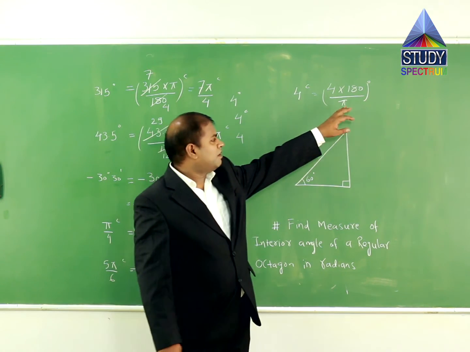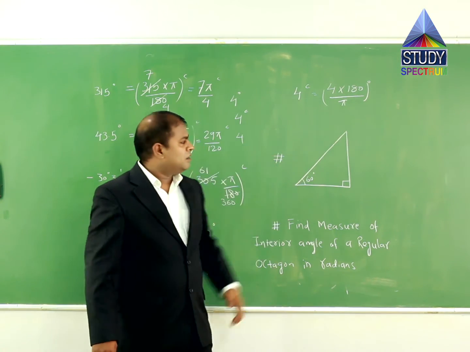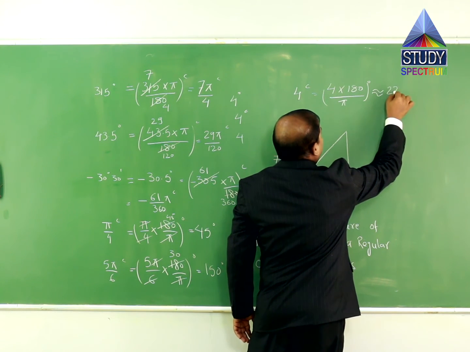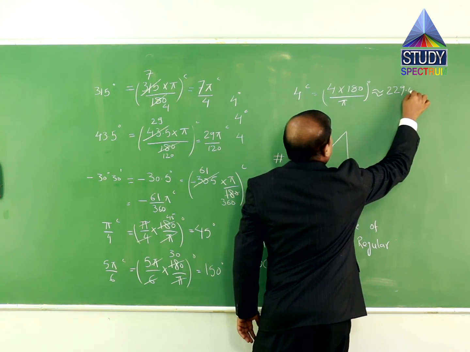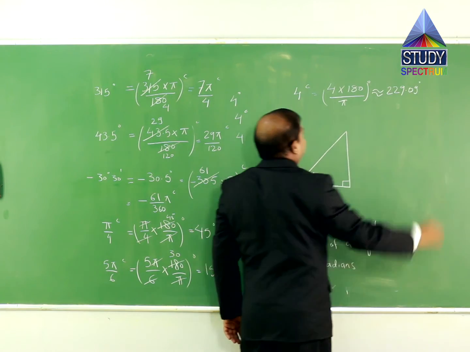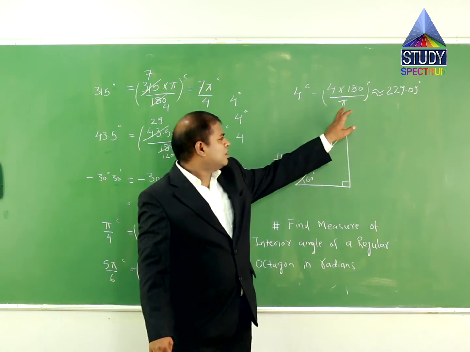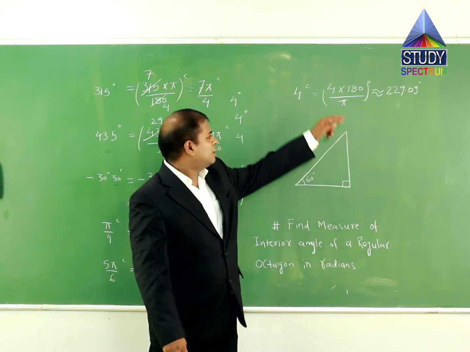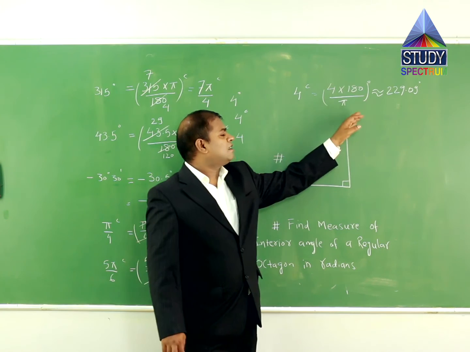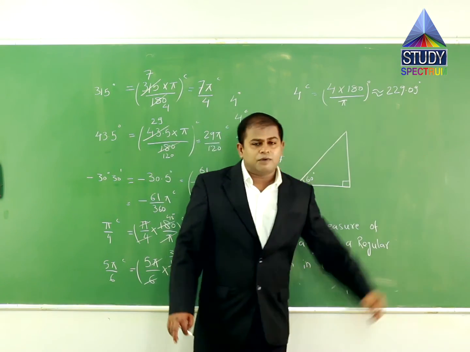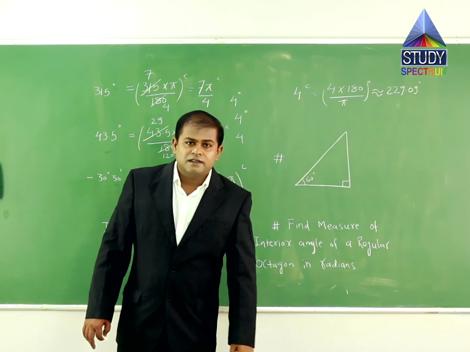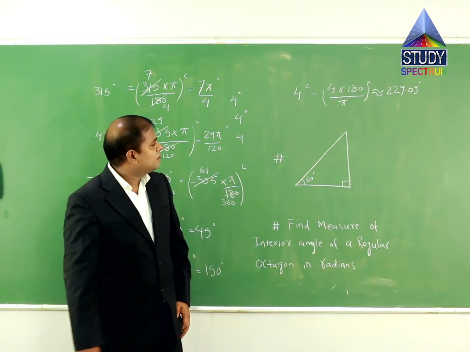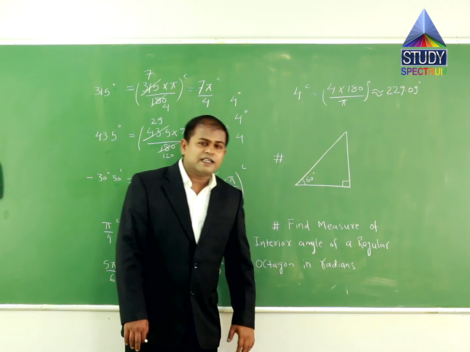If you consider the approximate value of pi, that is 3.14, we can simplify it to approximately 229.09 degree. I'll repeat, if you consider the value of pi to be 3.14, then this value is approximated as 229.09 degree. Again, this is not an accurate value, this is an approximate value of 4 radians.